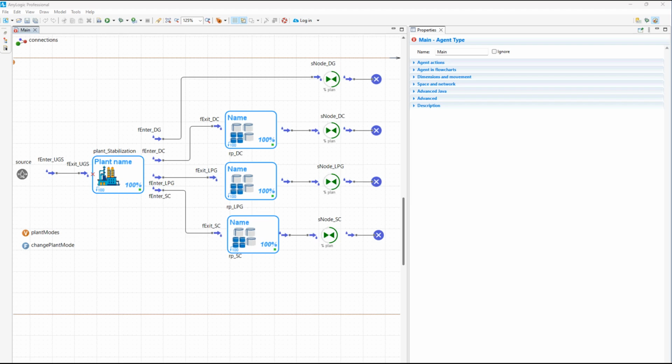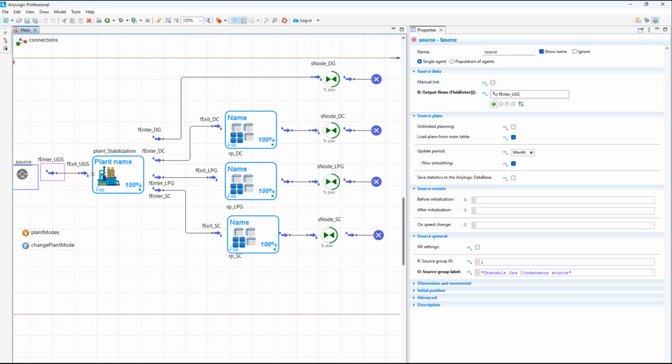The model of this gas condensate processing plant is implemented in AnyLogic using the Petroleum Refining Library. It includes feed sources, a condensate stabilization unit, tank farms, and product dispatch nodes. The feed sources simulate the inflow of unstable gas condensate from upstream fields.